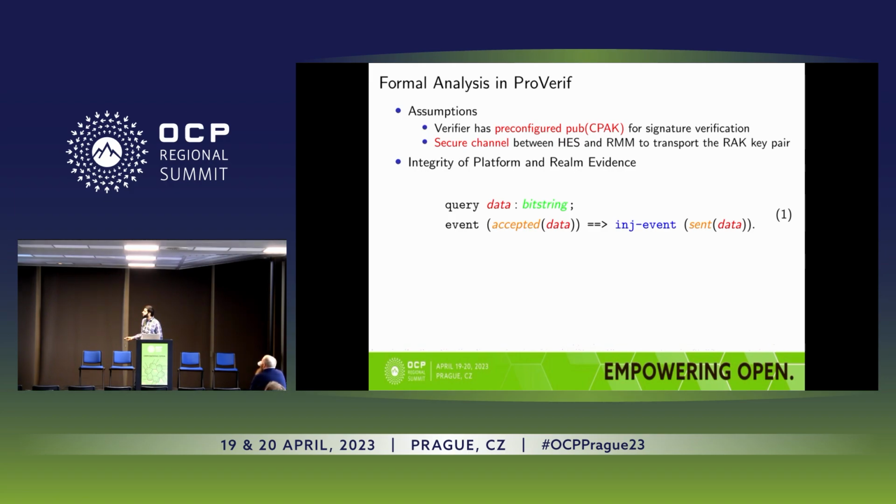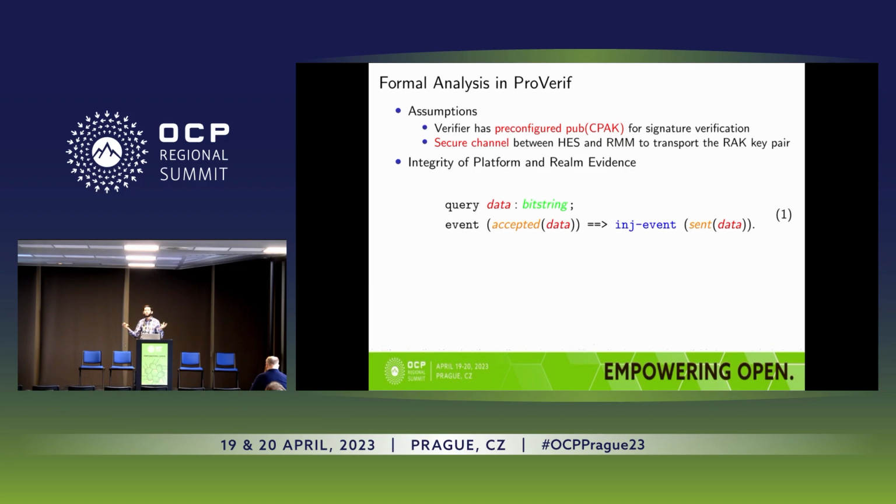The properties that we proved were the integrity of the platform evidence and the realm evidence. The way it works is that we have data and events. Two events are described: accepted and sent. When the sender sends the message with the specific claim, represented here as data, and at the end it is accepted by the verifier, the two things should be the same.